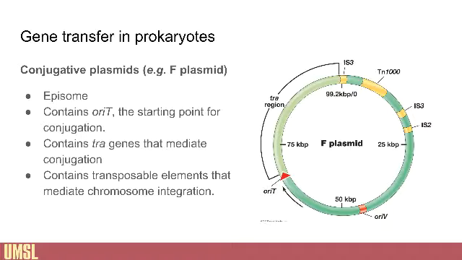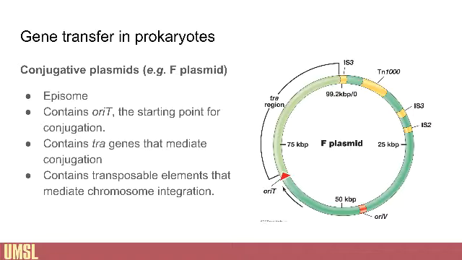So transmission of plasmids, where this is most important, the most famous self-transmissible plasmid is the F plasmid, the fertility factor from E. coli. And so basically this will transfer itself to non-F bearing E. coli very efficiently.